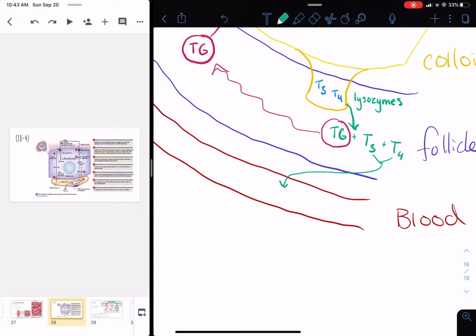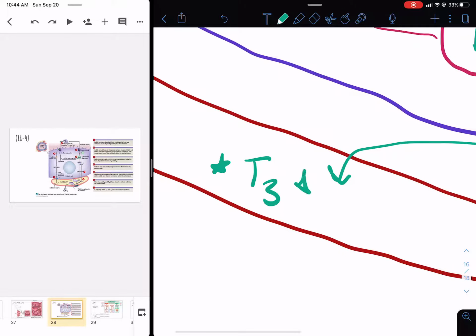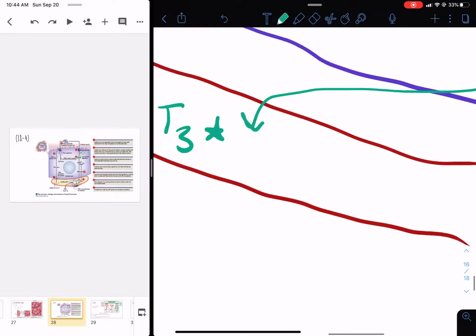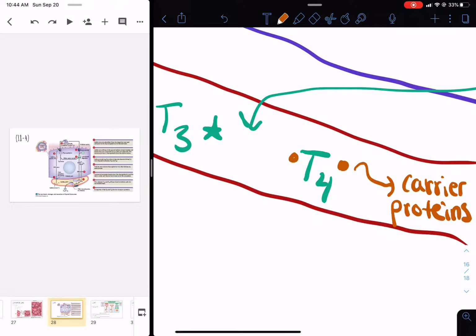Okay. All right, well, now that's awesome. Now it's in the bloodstream, but then what? So actually T3 by itself is the active form of the thyroid hormone. So it can float around in the bloodstream and do whatever thyroid hormone needs to do. But T4 is not the active form of it, and instead it's going to be bound to some carrier proteins so it can float around in the bloodstream until it needs to be activated.